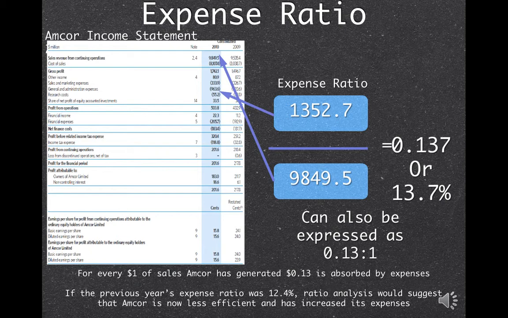So 13% of the sales of $1 of sale is used in expenses. If the previous year's expense ratio was 12.4%, that would suggest that they are now less efficient and that their expenses have increased or their sales have reduced. The ideal is a low expense ratio for a business to generate maximum sales with low expenses.